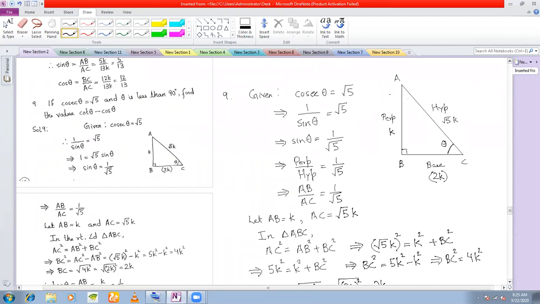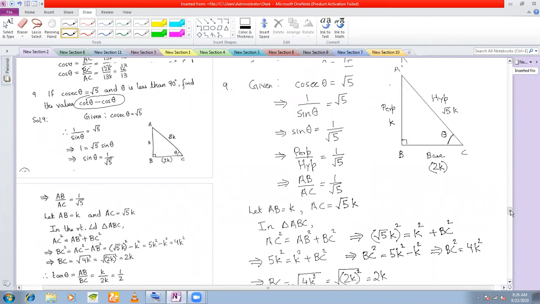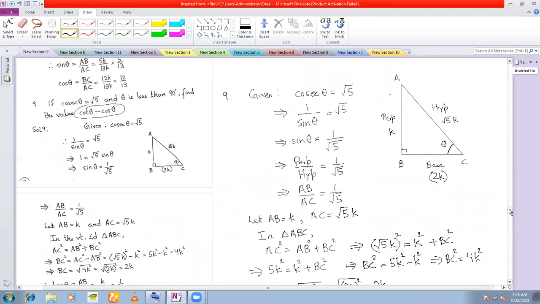And we have to find the value of cot theta minus cosec theta in the question. So let us first find tan theta, then we can find cot theta. Tan theta is perpendicular by base. According to our right angle triangle, AB is our perpendicular and BC is our base.